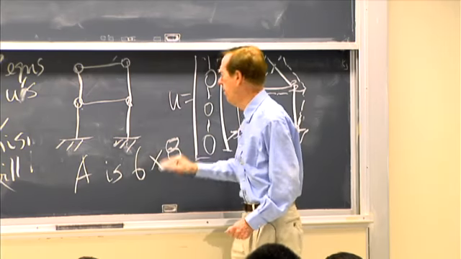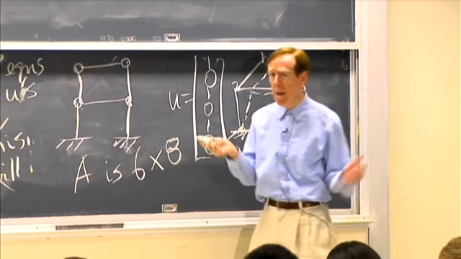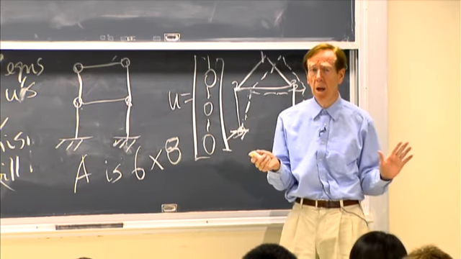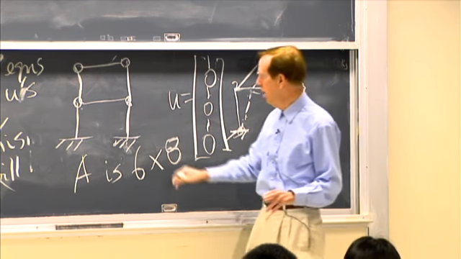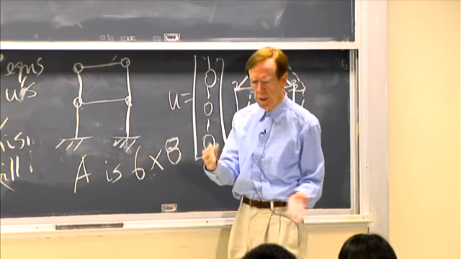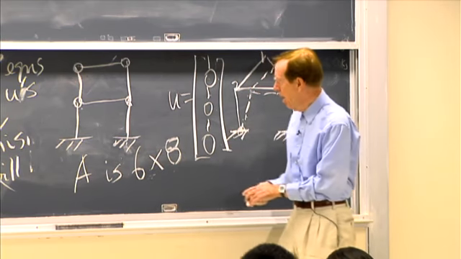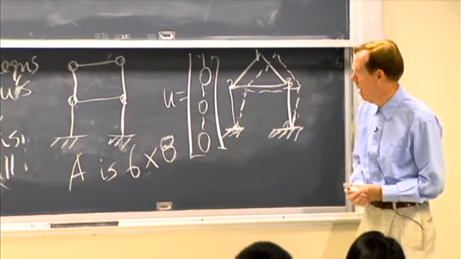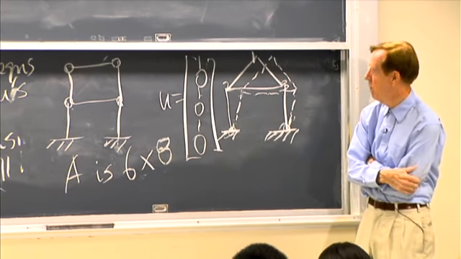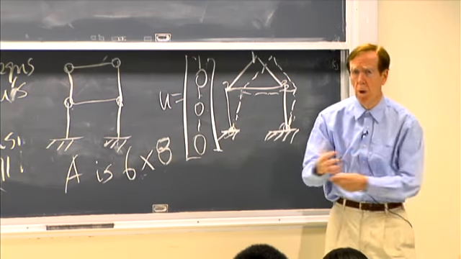So 6 by 8. And how many mechanisms am I now expecting? Probably 2. There will be 2 independent mechanisms here. Can you tell me what they look like? Draw them. What would be two different things that could go wrong with that truss?